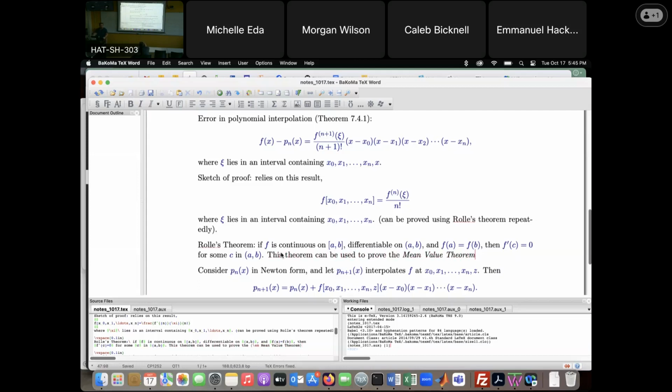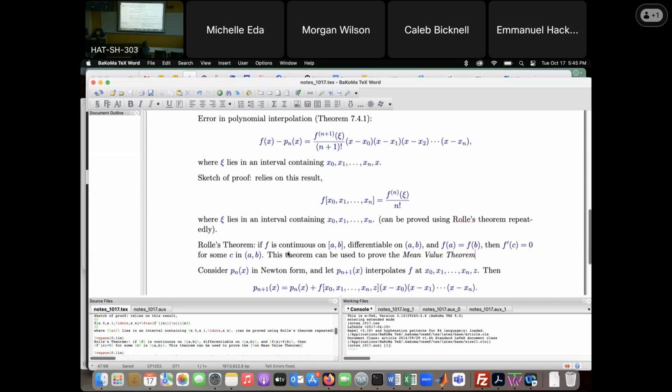So if you have an interval A and B, then if you know that C is between A and B, you know that f of C is between f of A and f of B. No. You're thinking of the intermediate value theorem. Yes. Okay. You're starting out so well. Okay.